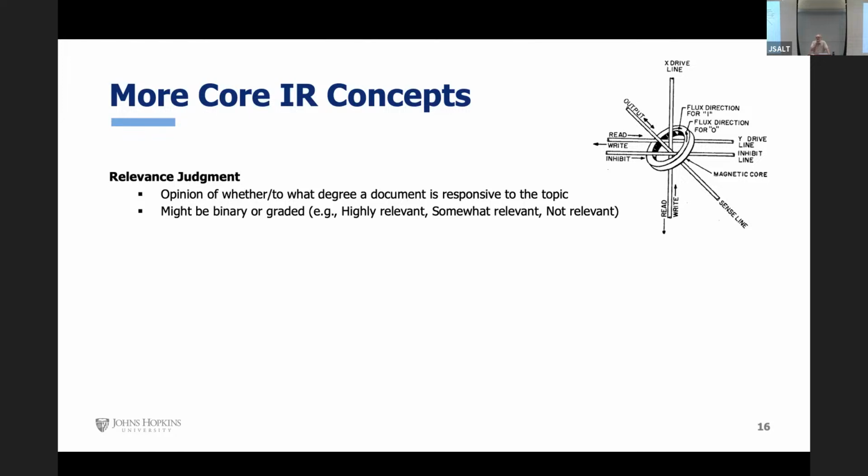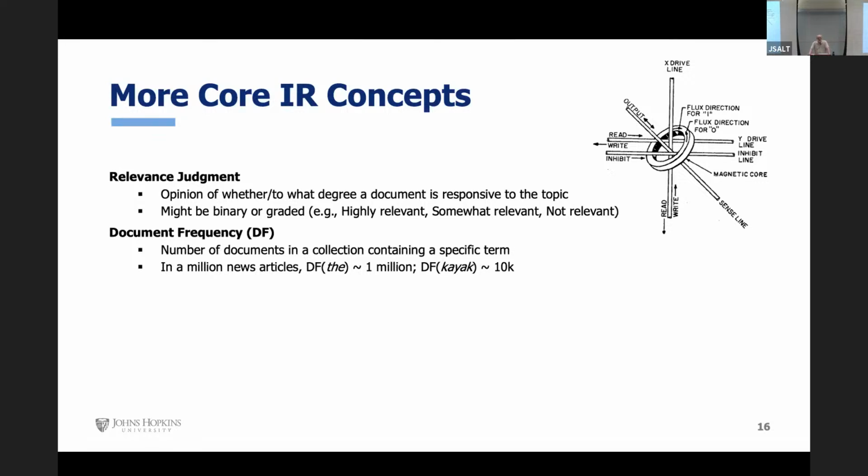We'll talk more about that in a bit. Relevance judgments can either be binary: yes, this document is relevant, or no, it's not. A lot of the history of information retrieval has been done with binary judgments. But it can also be graded. For example, you might say this document is highly relevant, this one is somewhat relevant, this one is not relevant. We'll see a little more about that later on.